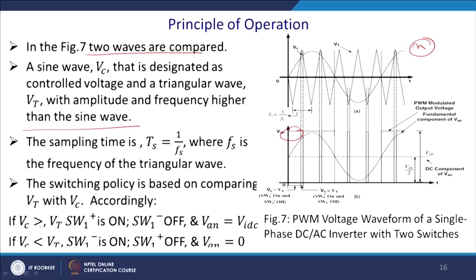Once Vc is greater than Vt, SW1 is on and SW2 is off, so you get plus Vdc. Otherwise, if Vc is less than Vt, then SW2 is on, and ultimately you get the negative DC bias voltage. If it is coupled to the zero voltage, you get zero voltage.